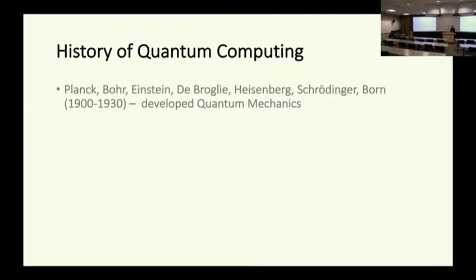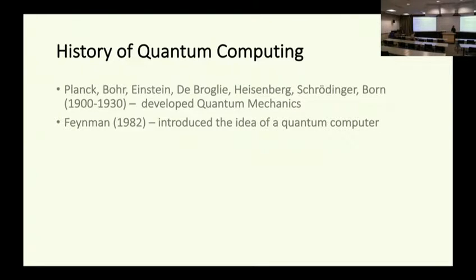So just to go very quickly over the history of quantum computing, all these famous scientists, Planck, Bohr, Einstein, these guys developed quantum mechanics in the early part of the 20th century. Not much happened after that. In 1982, Richard Feynman introduced this idea, sort of stirred people's minds about possibly using the quantum behavior of nature to compute.